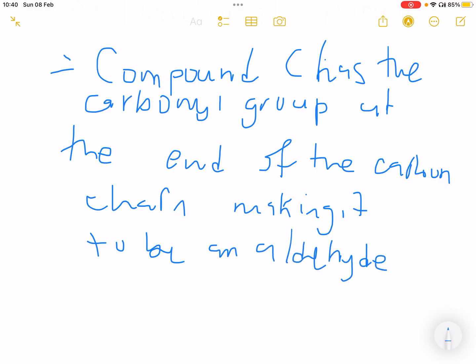So that changes the functional group when it comes to compound D.